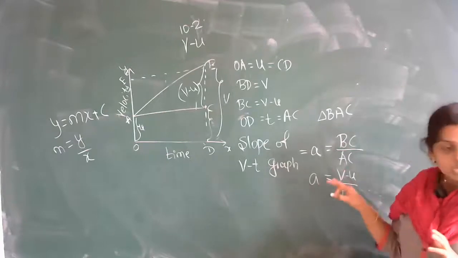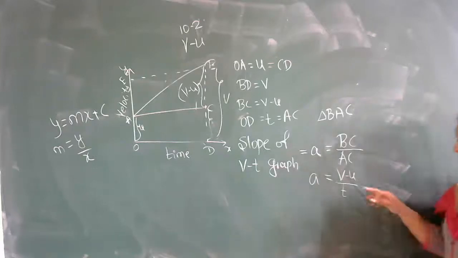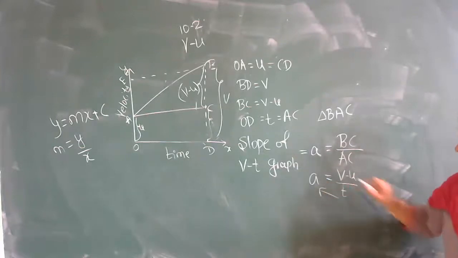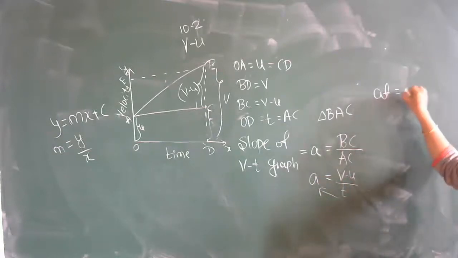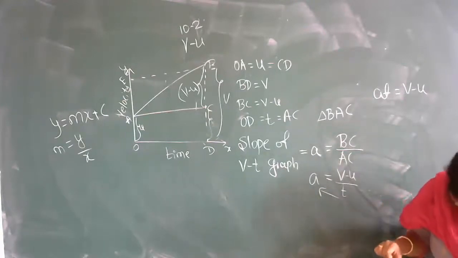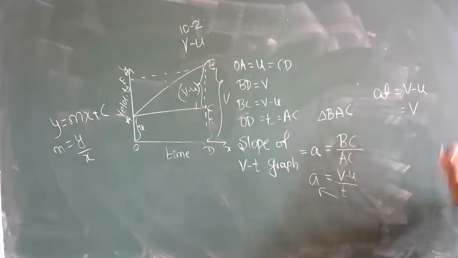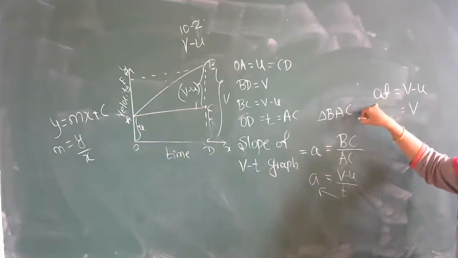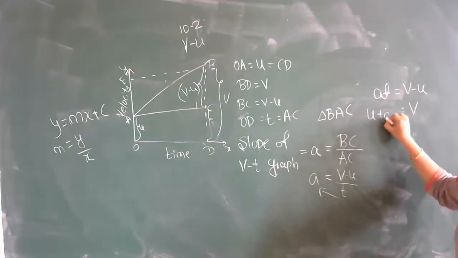This equation we can rearrange. Doing cross multiplication, A into T is equal to V minus U. Or you can also write it as final velocity V is equal to, transferring minus U to the other side, U plus AT.